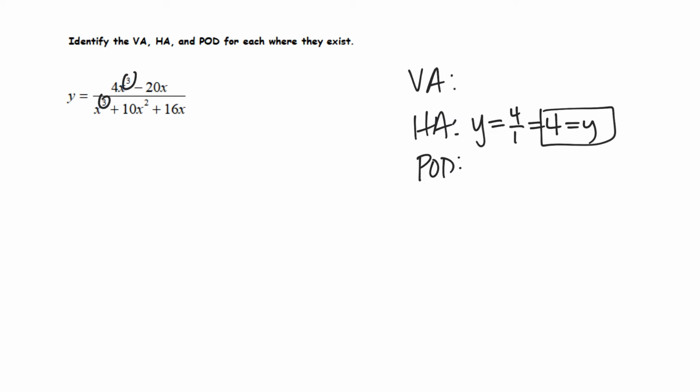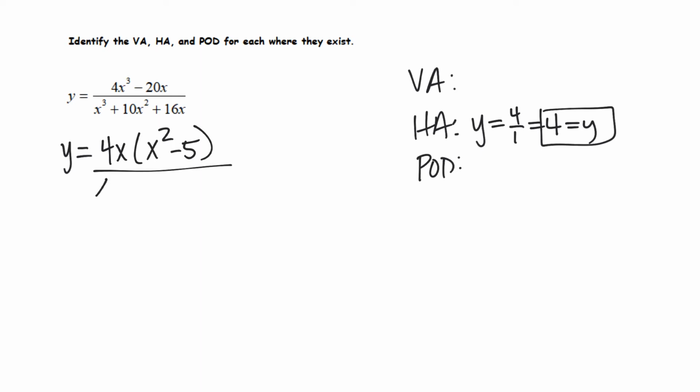So now to find my vertical asymptotes and POD, I need to factor. So my numerator factors with a GCF of 4x. That's going to give me x squared minus 5.